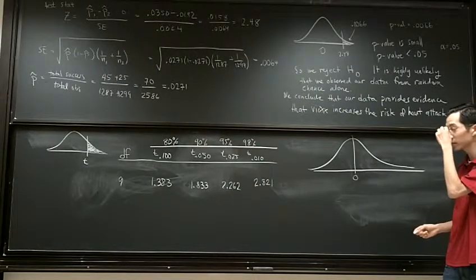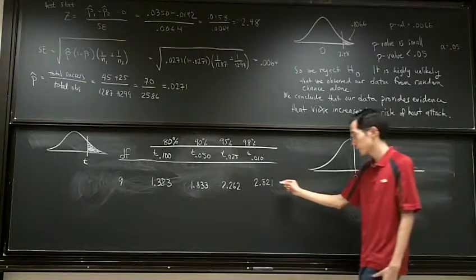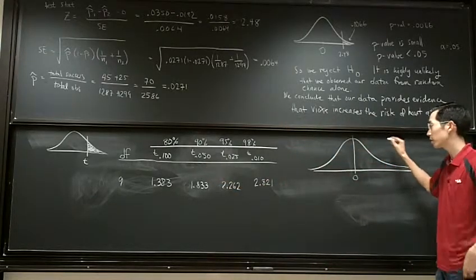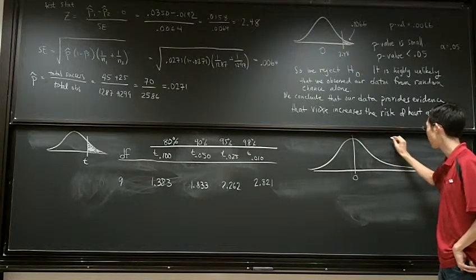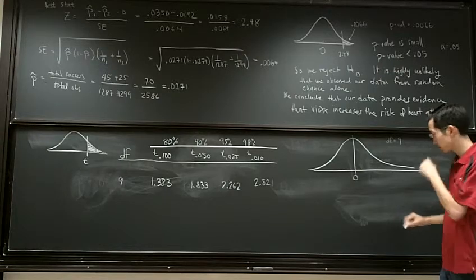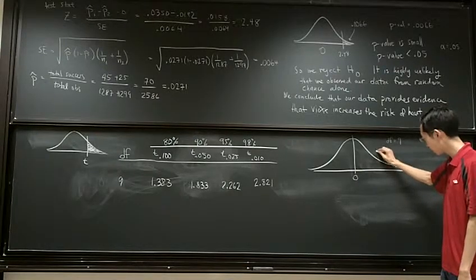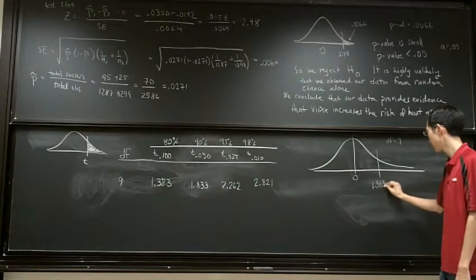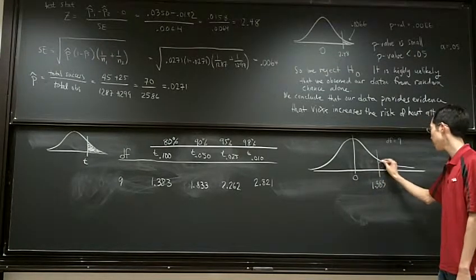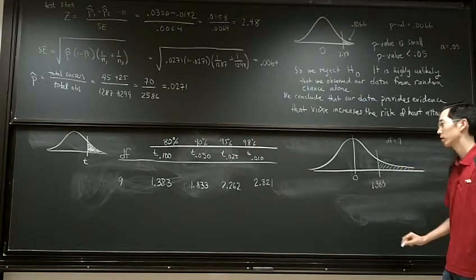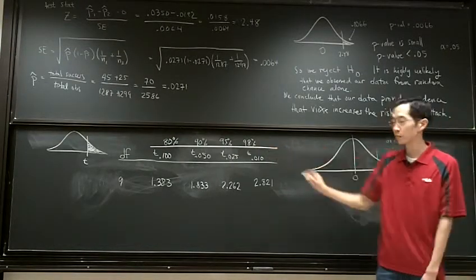Here is what these numbers mean. With 9 degrees of freedom, if I draw a vertical line at 1.383, the amount I would have shaded to the right is 10%.